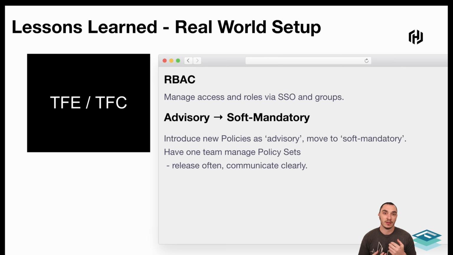And also try to introduce, as I already mentioned, new policies in advisory state and move them to soft mandatory after some days. Have one team actually manage policy sets, so that's also nothing you want to have shared responsibility, but have clearly cut roles and clearly cut teams for this topic. And as always, release often, communicate clearly.